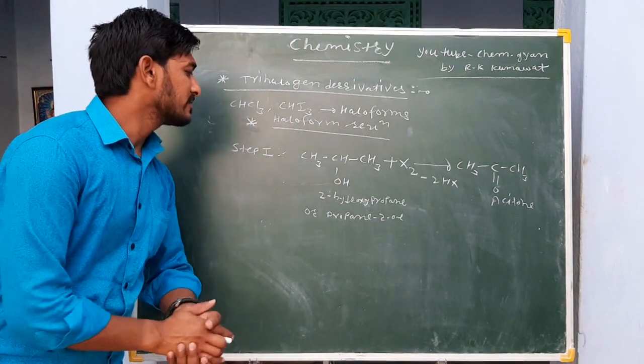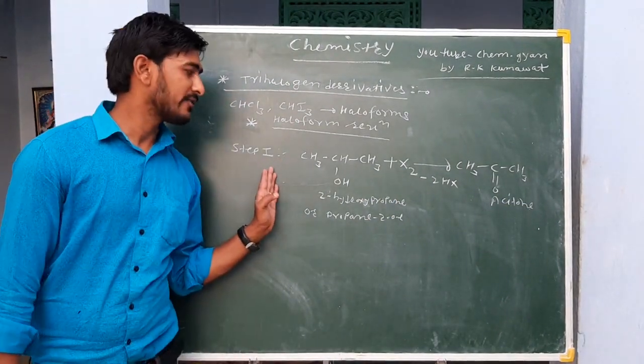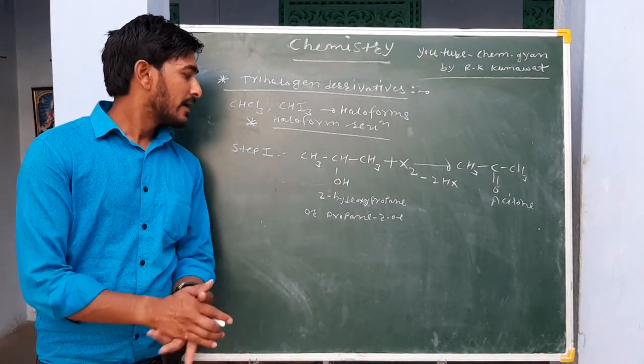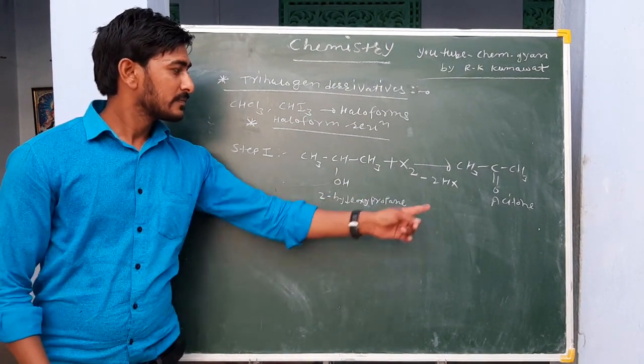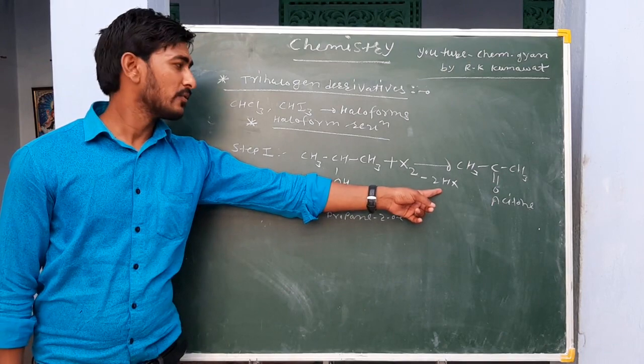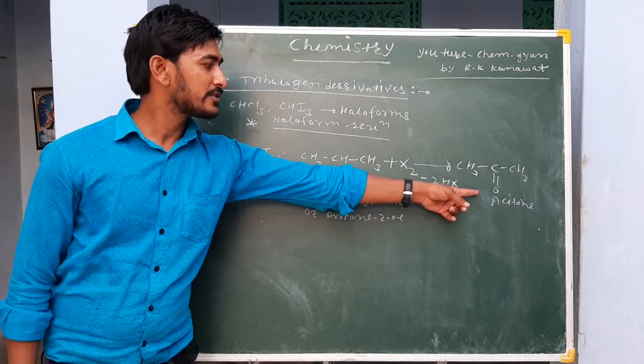In the first step, alcohol reacts with halogen, hydrogen halide is removed in this reaction, and acetone is formed.